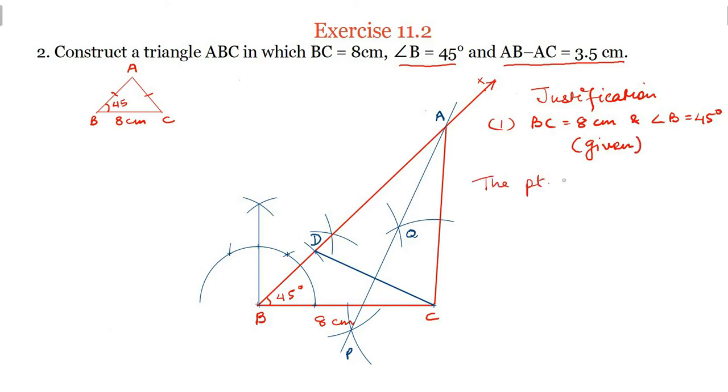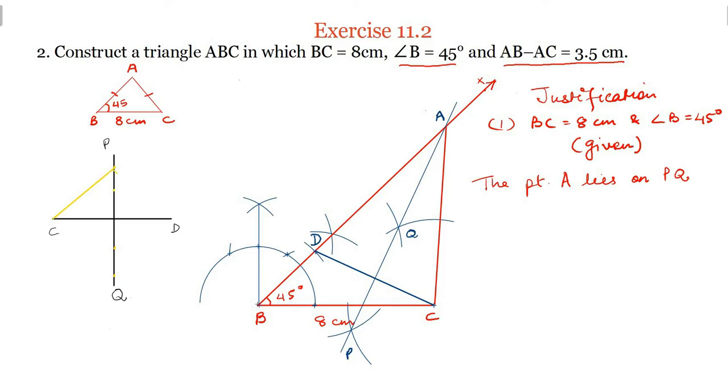And the point A lies on the perpendicular bisector PQ. Let this be a line segment CD and this be the perpendicular bisector of the line segment CD. Let it be PQ. So any point on this perpendicular bisector PQ will be equidistant from C and D.